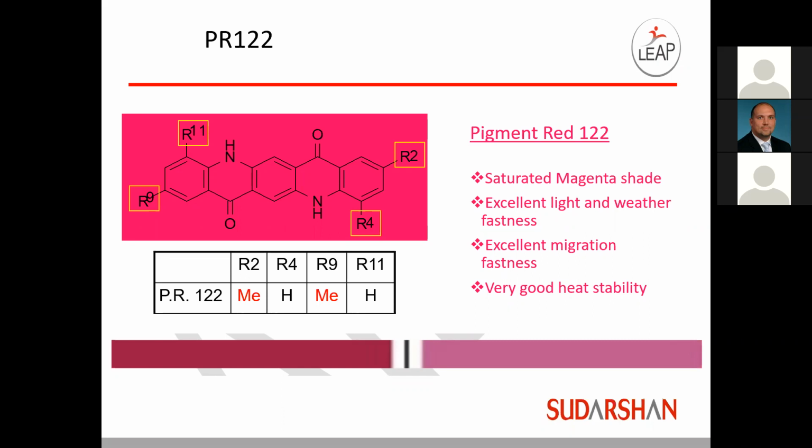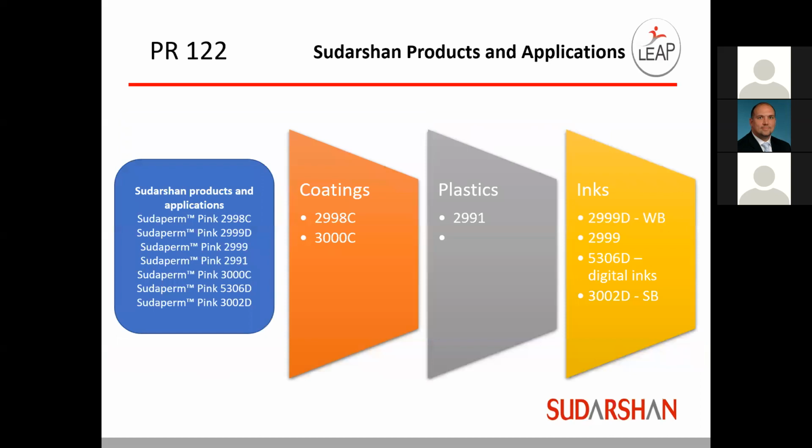It does carry very nice light fastness and weather fastness, with very good migration fastness and heat stability for plastics. So you can see where the color position is in the full tone, and in the tint tone it provides a nice magenta color with that blue shade when it's let down with TiO2.